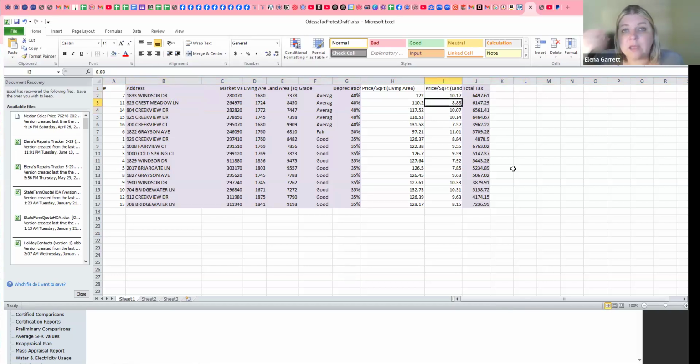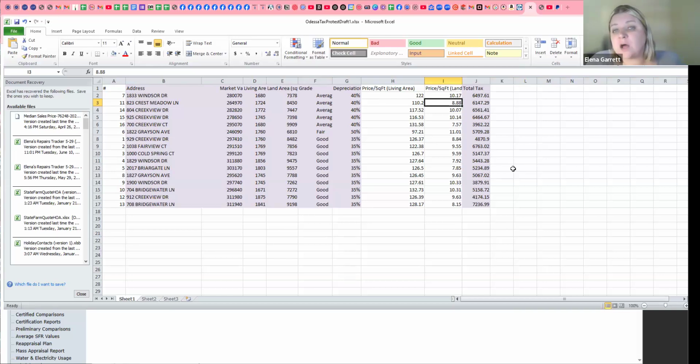And some of them are paying $8.88. I don't know if you think that my lot is more valuable, but I believe that we have the same lot, and therefore I want the same as my neighbor. I want you to charge me no more than $9 per square foot for my land. That is your argument on the actual, let's just say, land versus improvements.